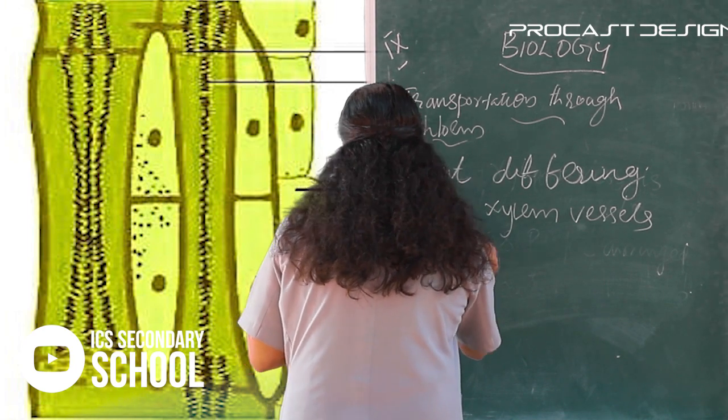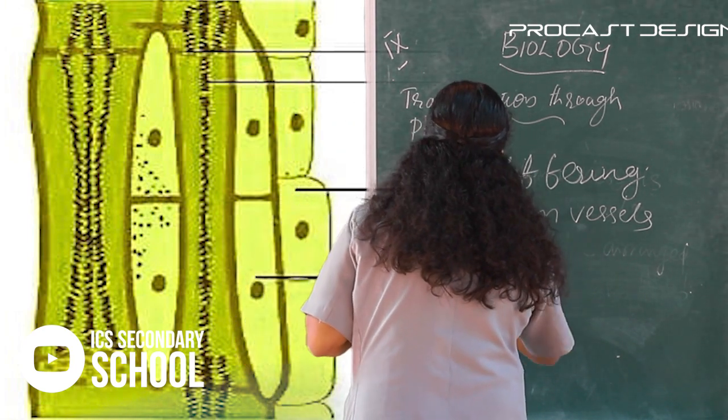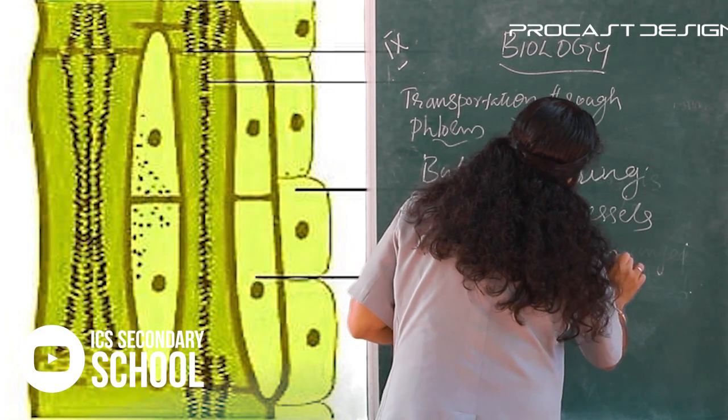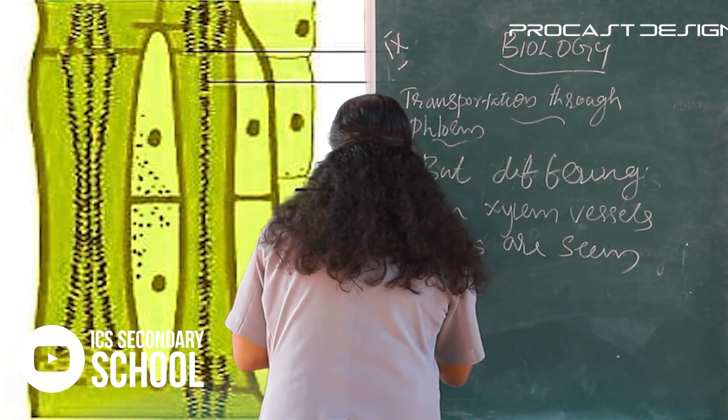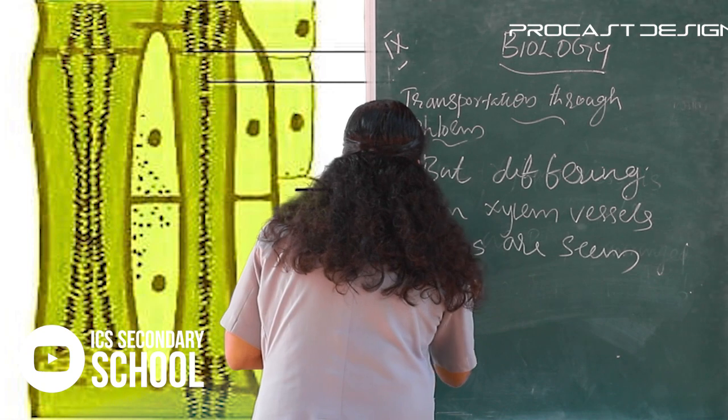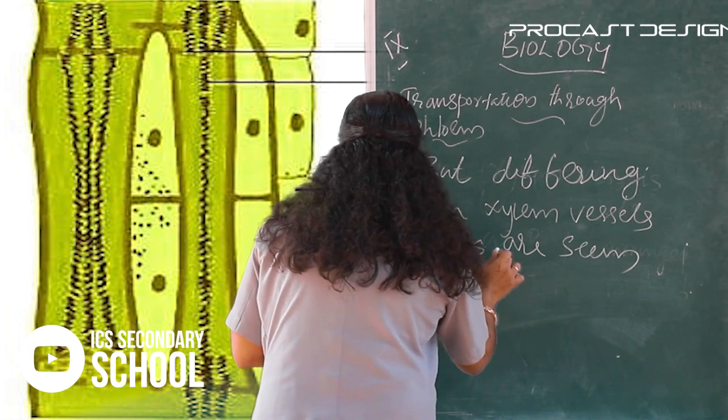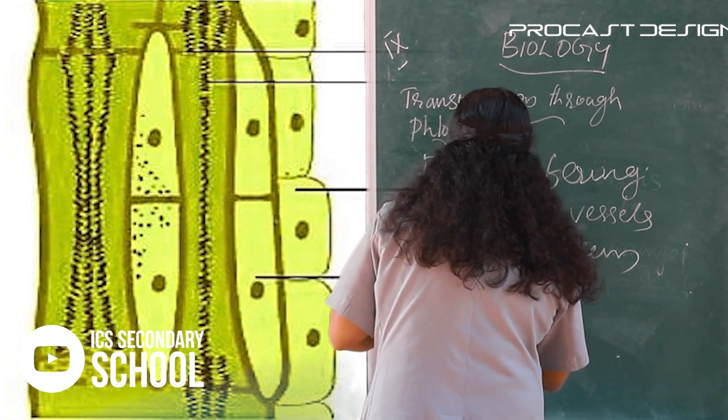Small openings, small pores, are seen in the cross walls.